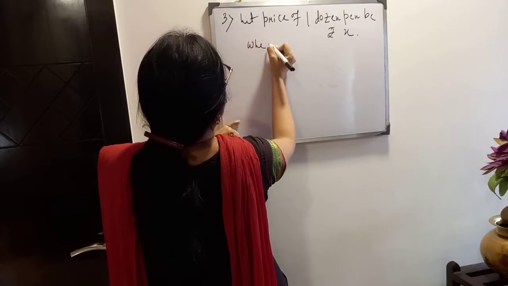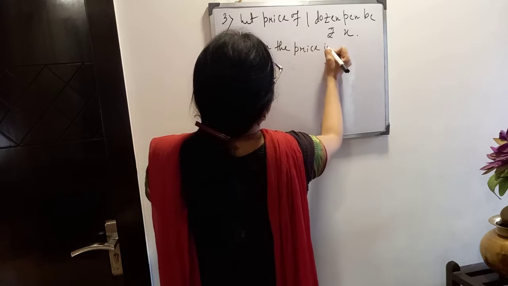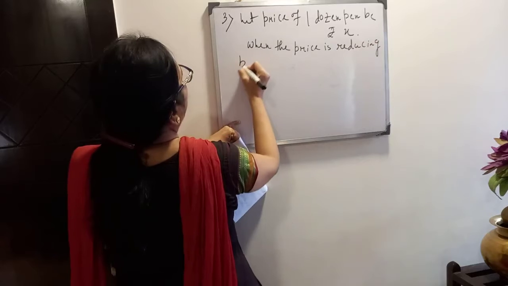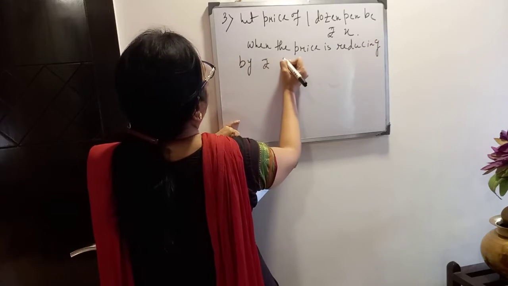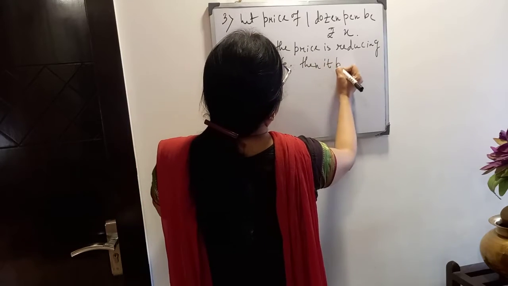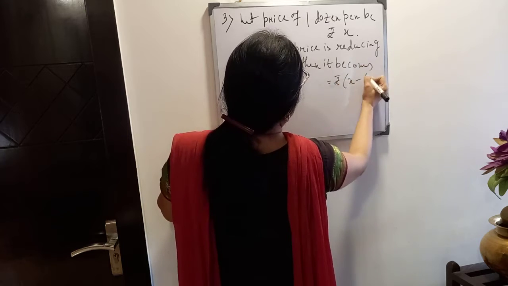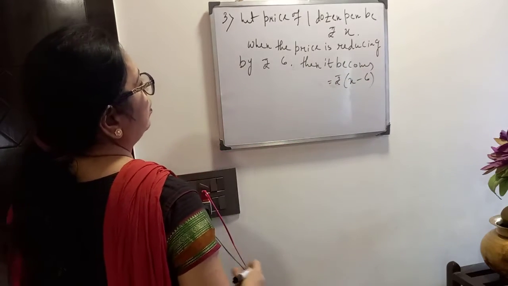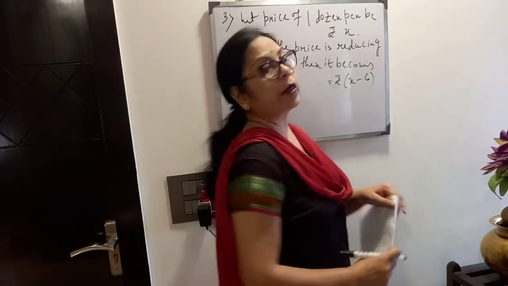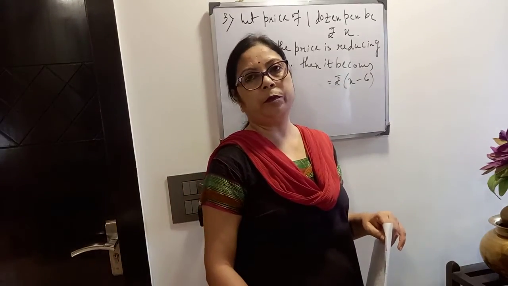When the price is reducing by rupees 6, then it becomes rupees x minus 6. Here originally by rupees 30 you are getting 30 by x dozen of pens.